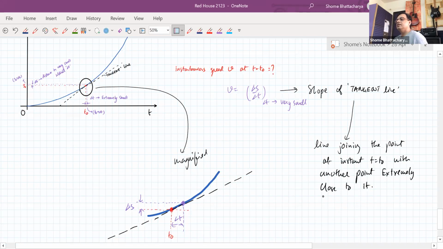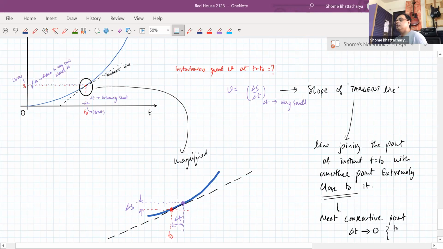That extremely close point is almost like the next consecutive point on the graph. It's like the distance between these 2 points is tending to 0. So if it is a next consecutive point, that means delta t tends to 0.